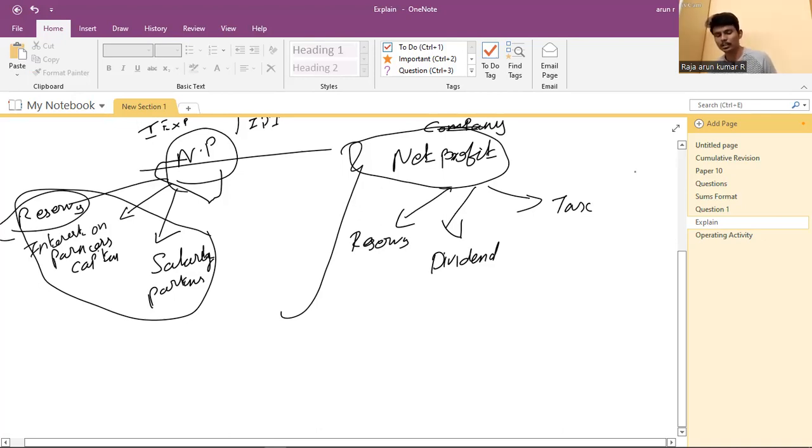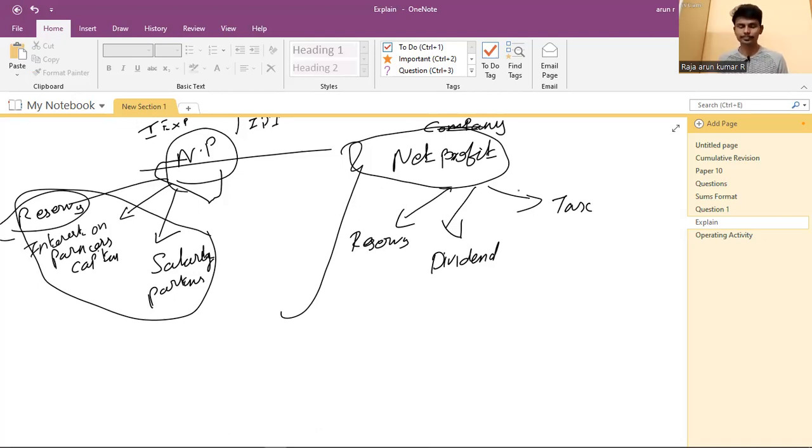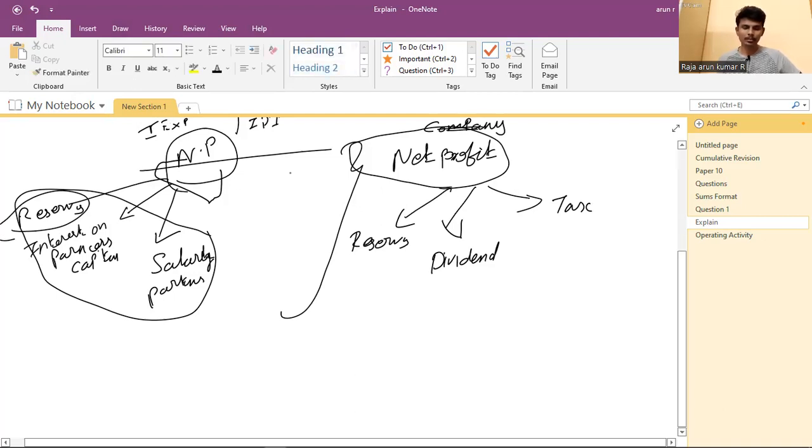Like that, in the company also they allocate the net profit to some parts. In the profit and loss account in sole proprietorship, we put the statement called P and L appropriation account.